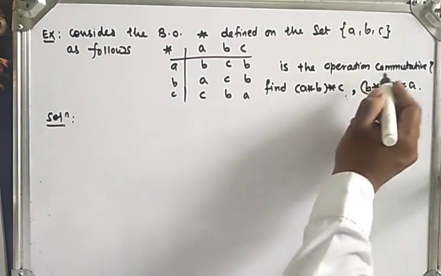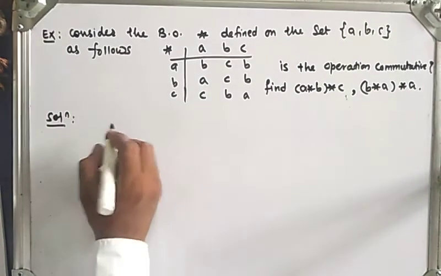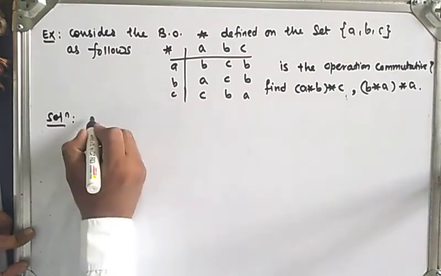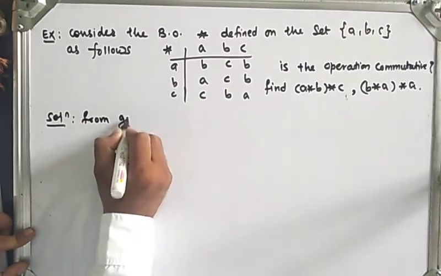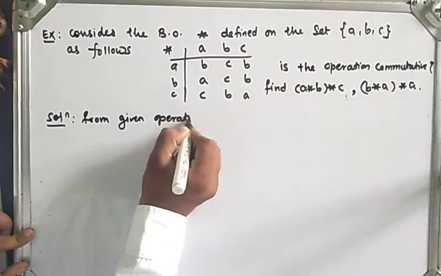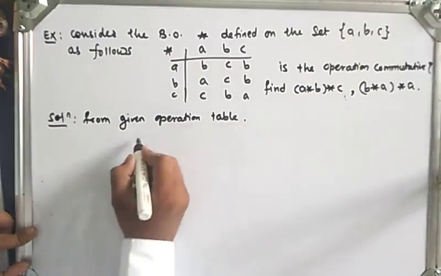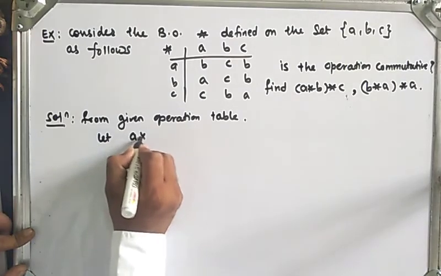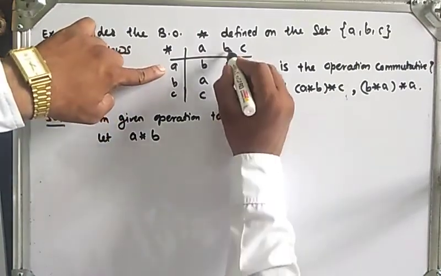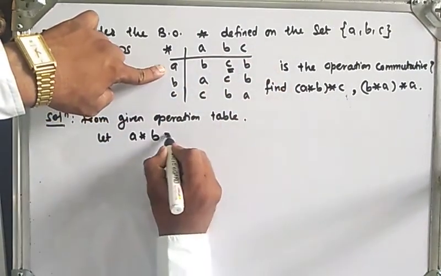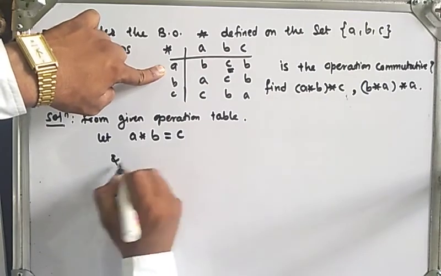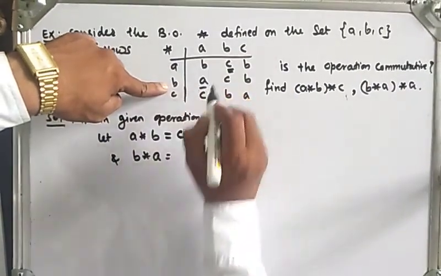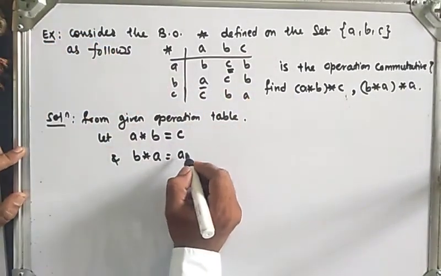So to check the commutative property, we know from the given operation table, let a star b, so here a and here b, so a star b has value c, so a star b is c, and b star a, so here is b and a, b star a has value a, so here a is not equal to c.